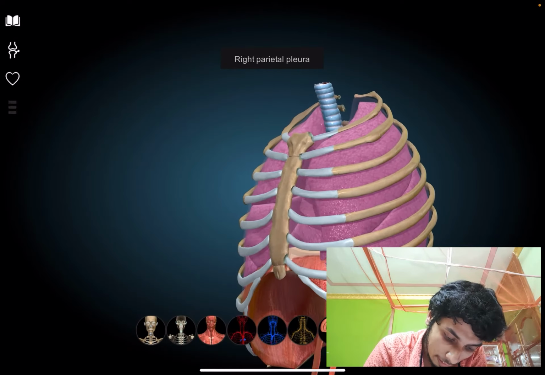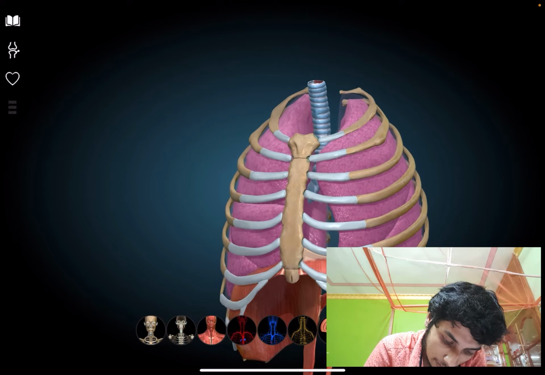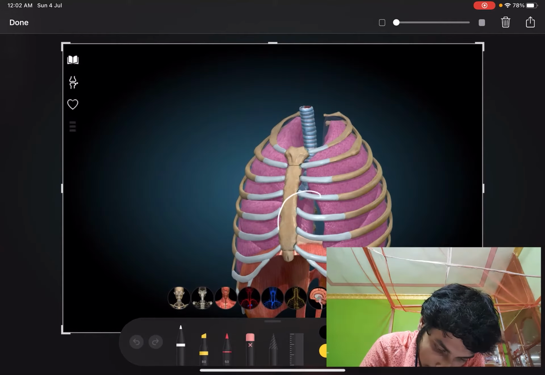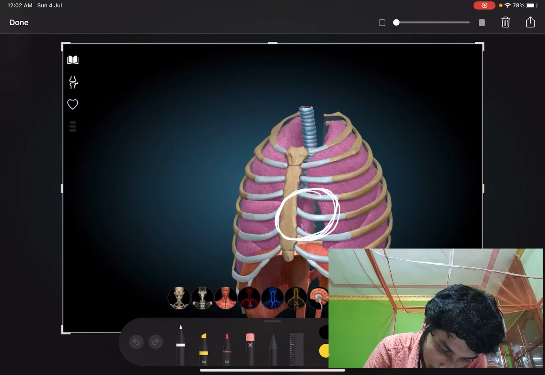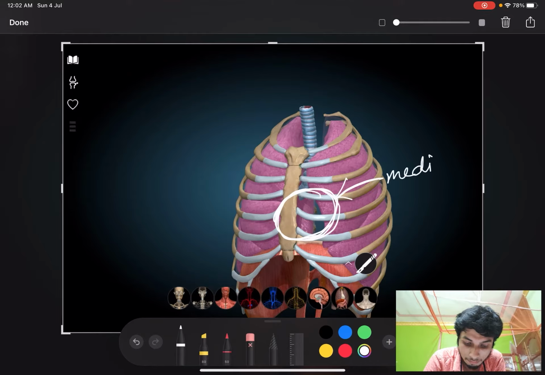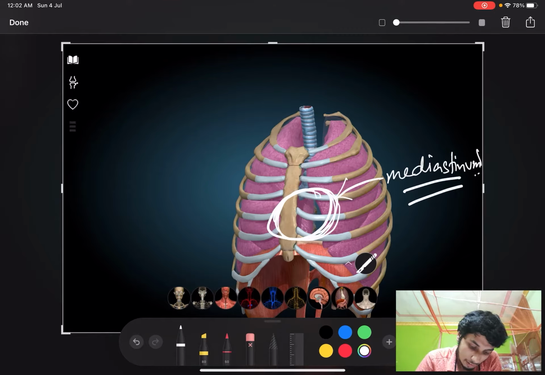Okay, and as you can see, look at this space, this hollow space, this is mediastinum. Okay, you understand? This is mediastinum.